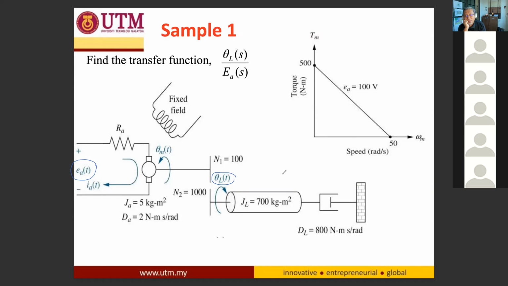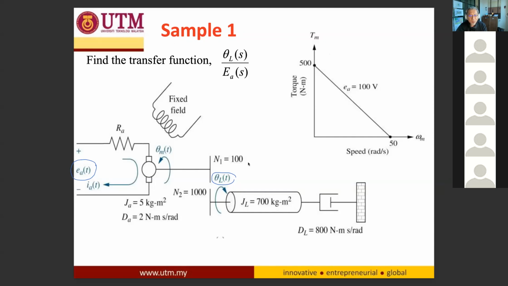What is the value of the torque at 50 radian per second? 0. Okay. So you must understand this graph.